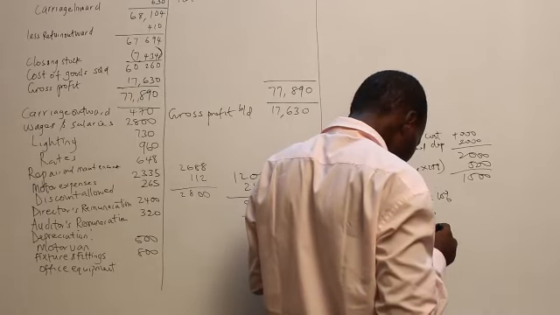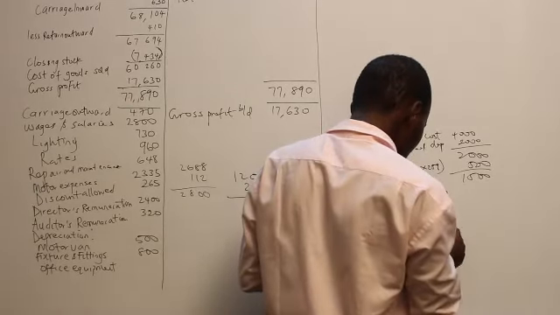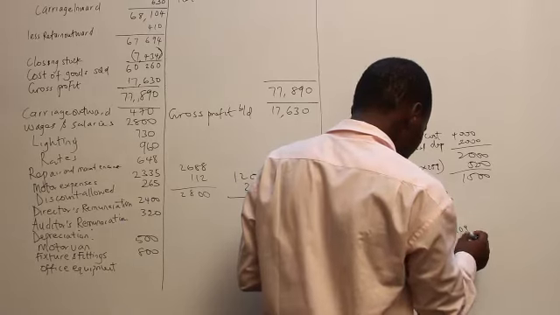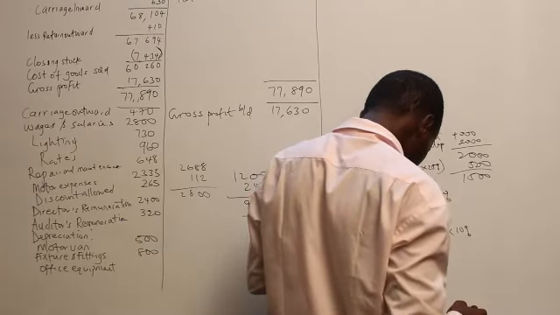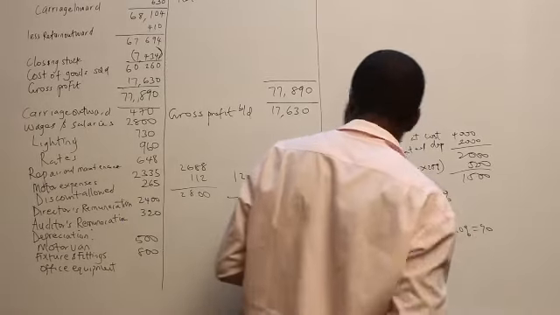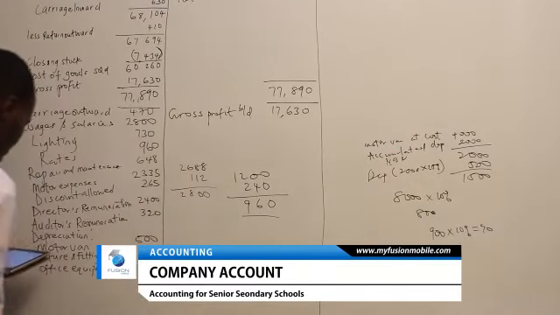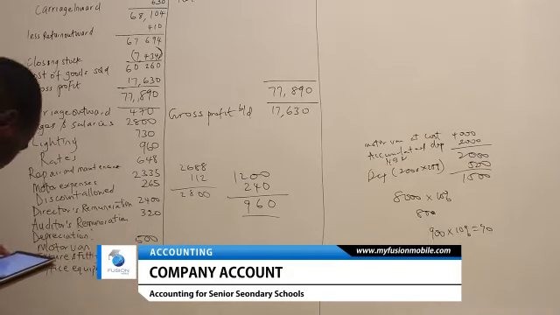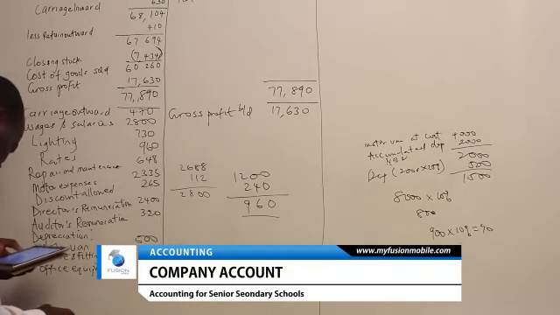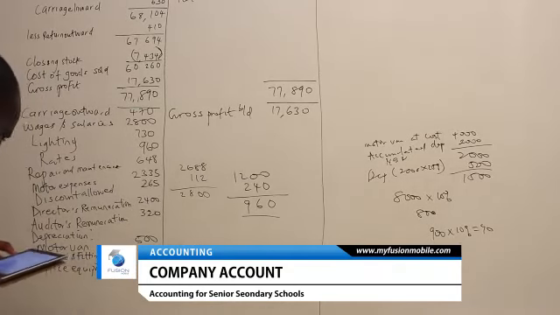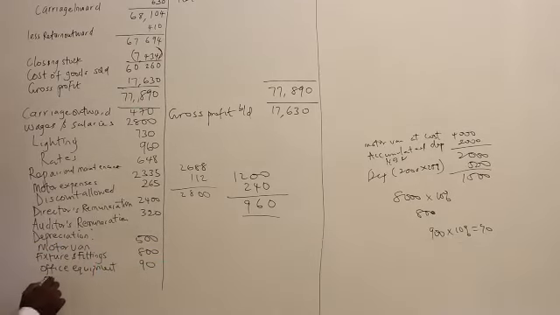Office equipment is 900. 900 times 10% gives us 90. So office equipment 90. Now we have not provided for, in the additional information, the electricity bill outstanding. That will also be provided for. So electricity bill means it has been incurred but not yet paid for.